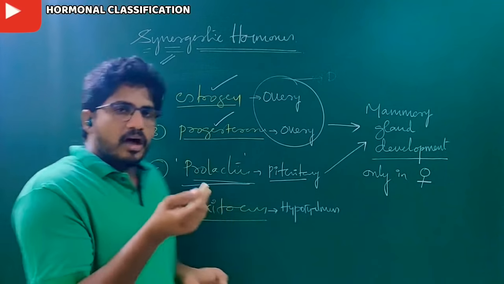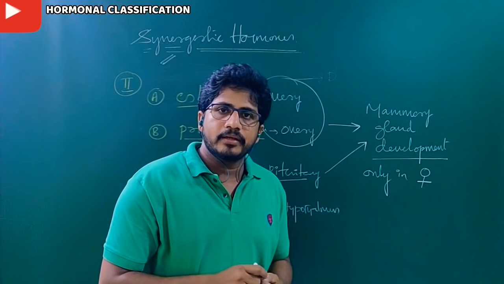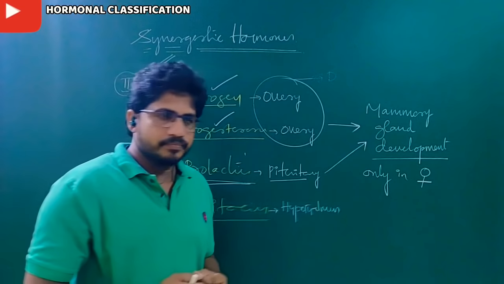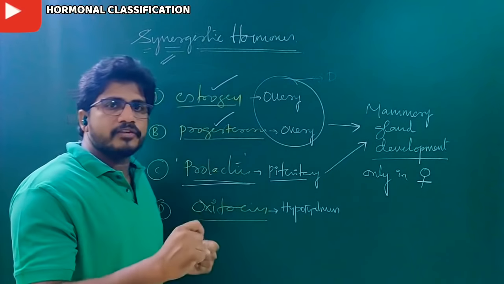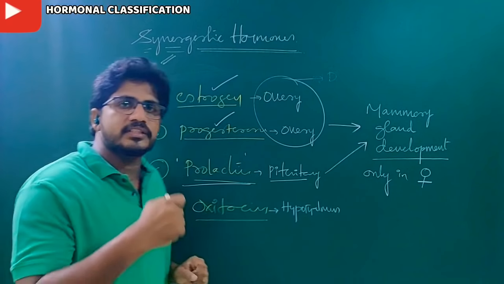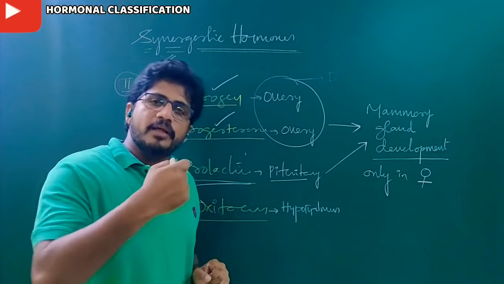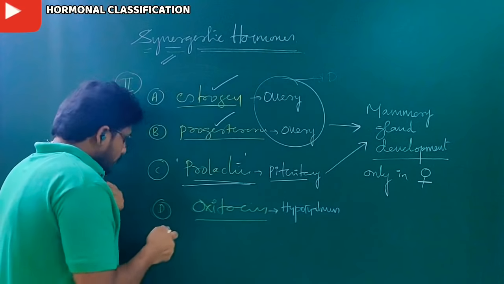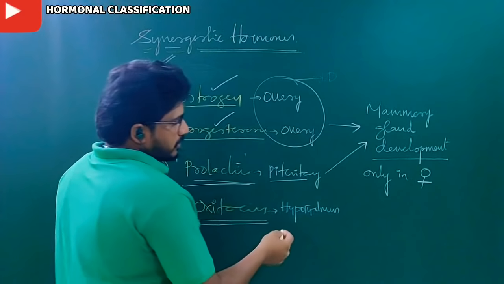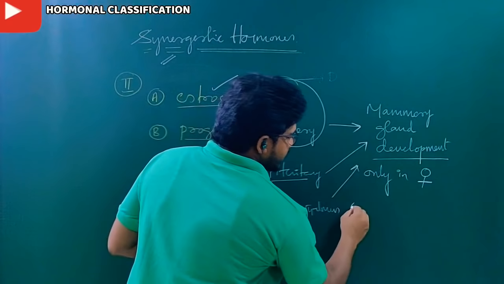The hormone which helps in the production of milk in the mammary gland is prolactin. It is also helps in the development of the mammary gland. Prolactin is released after pregnancy. After childbirth, it becomes functional. Clear? These two are functional after puberty, at maturity. But this one is functional after pregnancy, after baby delivery. Then oxytocin, coming from the hypothalamus, helps in the ejection of milk.